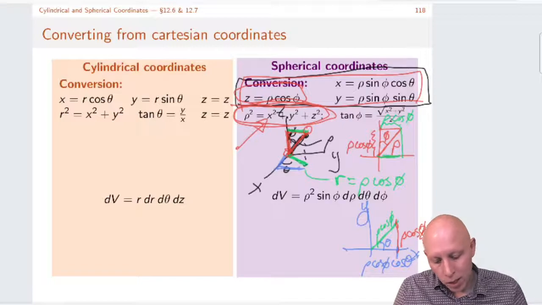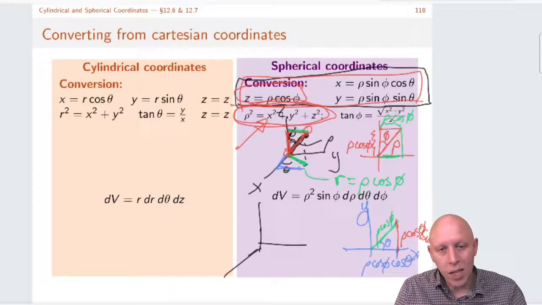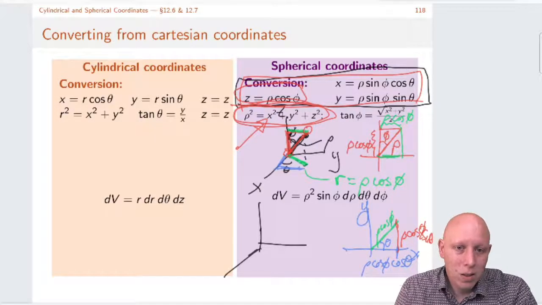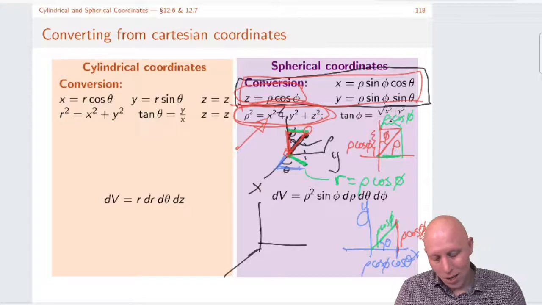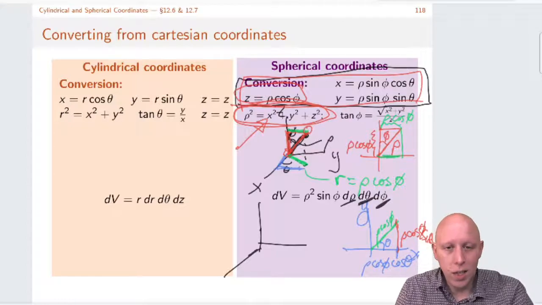I want to say one last thing, which is: what is the dv aspect here? This one is probably something you're going to work to memorize. It's not beautiful, but it's saying, let's say there's a little bit of rho, a little bit of theta, and a little bit of phi.